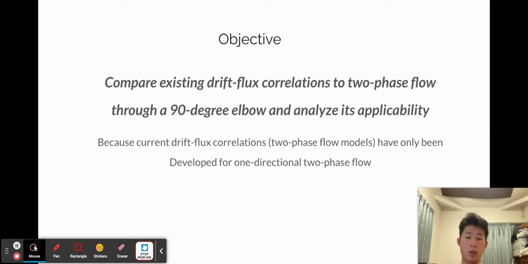Instead, a lot of the past research has been done on one directional two-phase flow. So using current correlations and comparing their predictability with data that involves two-phase flow through a 90-degree elbow is possibly important to see if they can be applied to this as well.